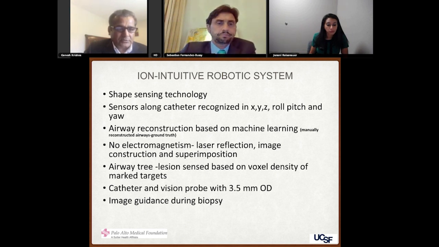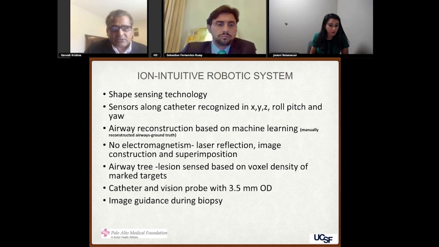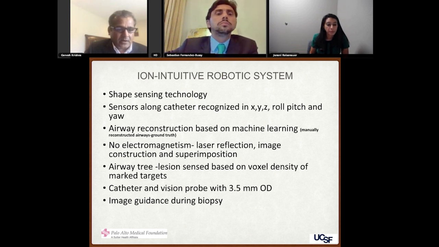And we also have tools to correct any deviation in that, because the system gives us feedback about the driving force that the catheter has in the proximal and distal portion with a visual estimate of the driving force. So if we sense too much driving force, we know that we are causing some distortion in the periphery, and it allows us correction for it. So that level of shape sensing is needed to access peripheral nodules, especially in the outer third of the lung, as we traverse through small airways.